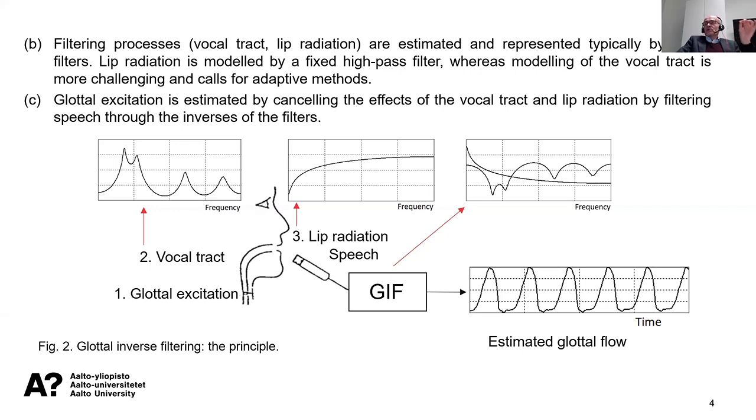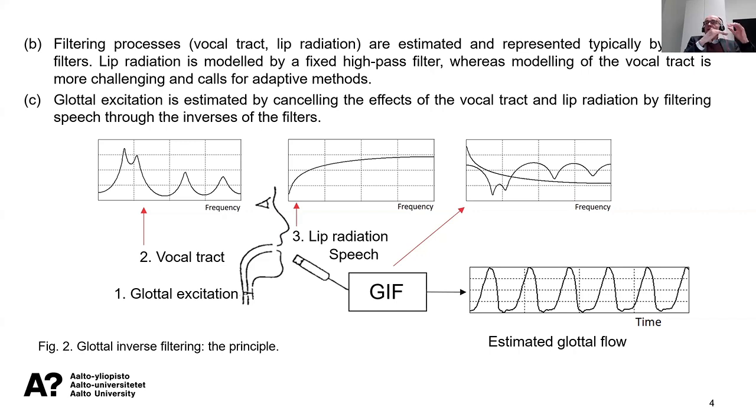You don't need to combine any other stuff here, which I described in the later part of my talk. So glottal closure is something which is very much in the center of glottal inverse filtering. And that can be parameterized with different techniques if that is something which you need.